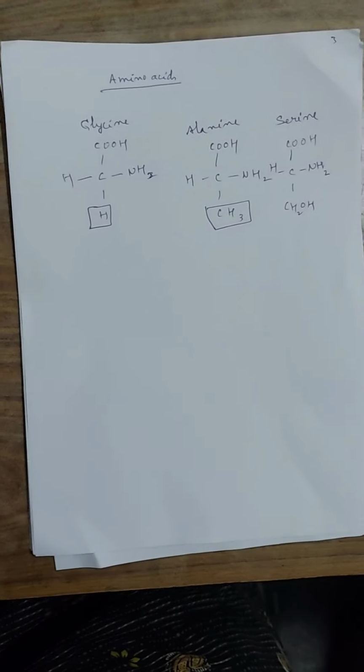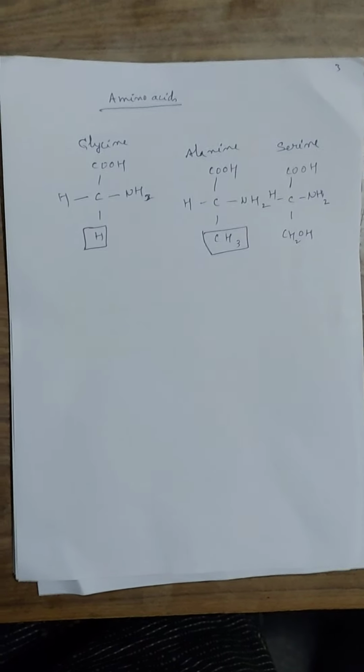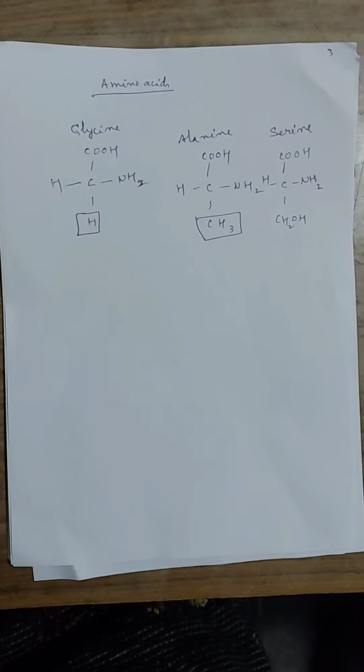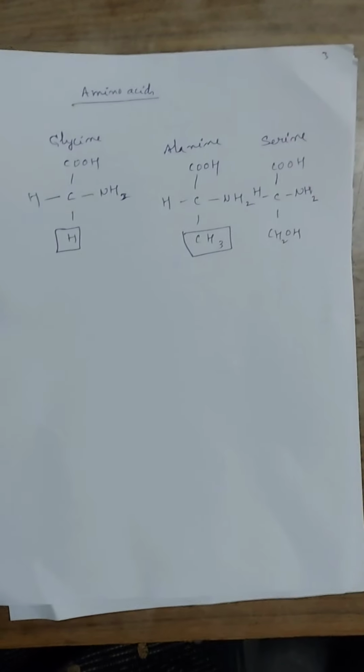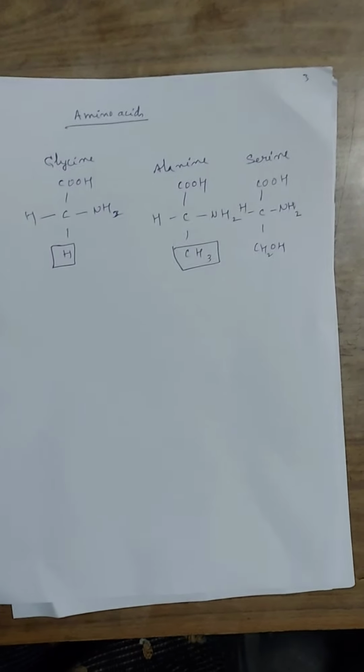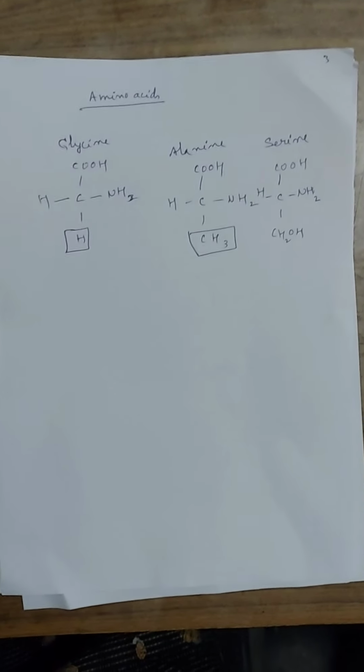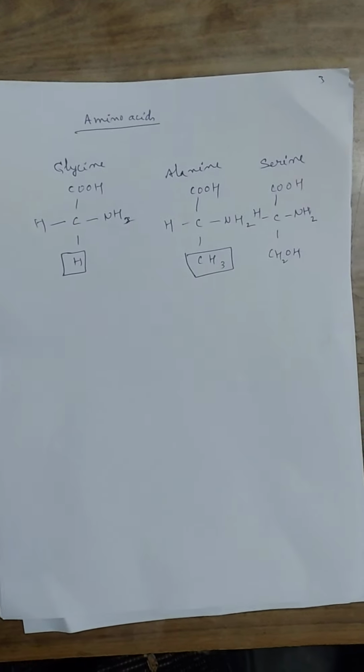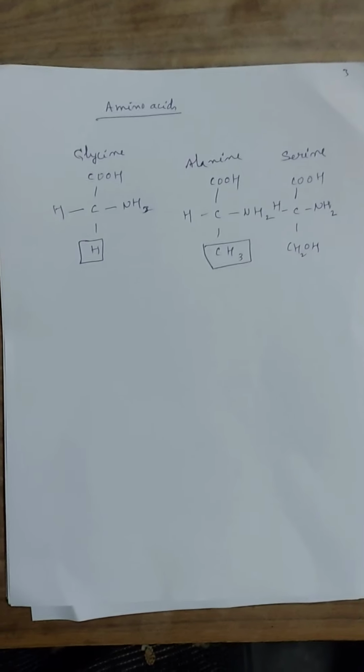Those carbon compounds whose molecular weight is less than 800 Daltons are called biomicromolecules. And next, those carbon compounds whose molecular weight is more than 1000 are called biomacromolecules.